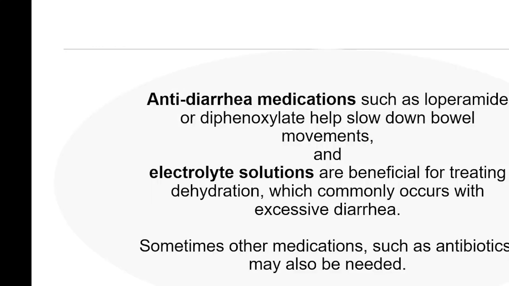In any kind of diarrhea, most of the time you have medicines like loperamide or diphenoxylate that help to slow down the bowel movement. For example, you might have read about a drug or medicine called Lomotil. Lomotil contains a chemical known as loperamide.